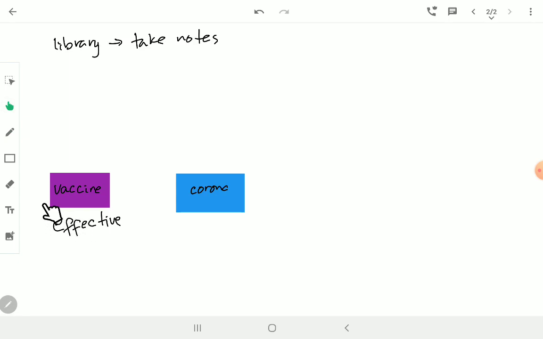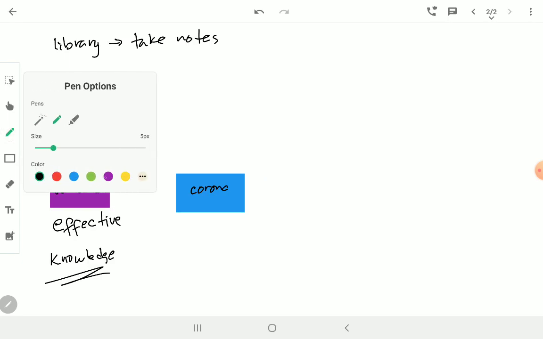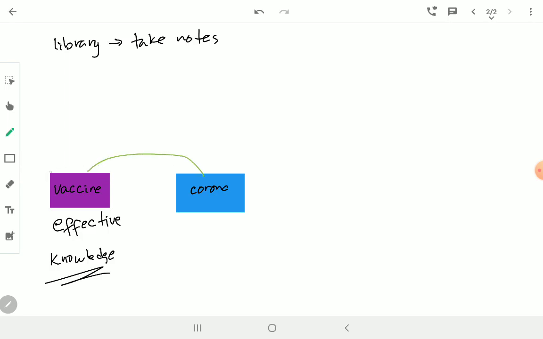We know that a vaccine is needed. That's a part of knowledge because there are many vaccines that are readily available now. We know about the coronavirus. But what we are trying to know right now is, can this vaccine kill that coronavirus? Can it cure the coronavirus?